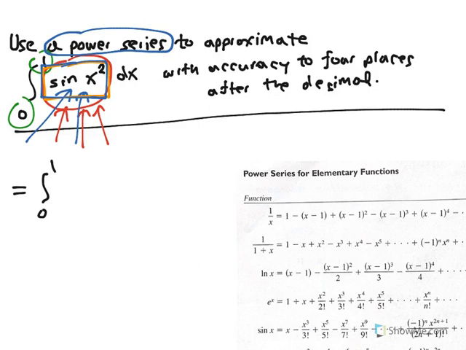So for this problem, how do we deal with it? As I just said a minute ago, we're going to look at the power series for sine x and replace every single x with x squared.